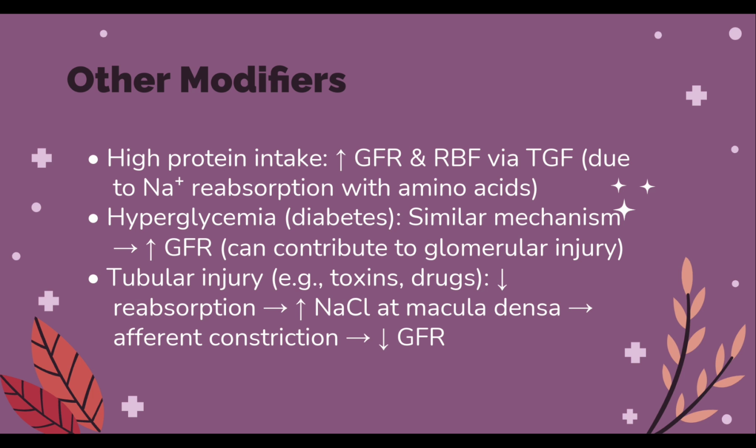In similar mechanisms, it can increase the glomerular filtration rate and this can contribute to glomerular injury. And when there is tubular injury from toxins or drugs, it can lead to decreased reabsorption. So it increases sodium chloride at the macula densa and leads to afferent constriction, and thus it decreases the glomerular filtration rate.